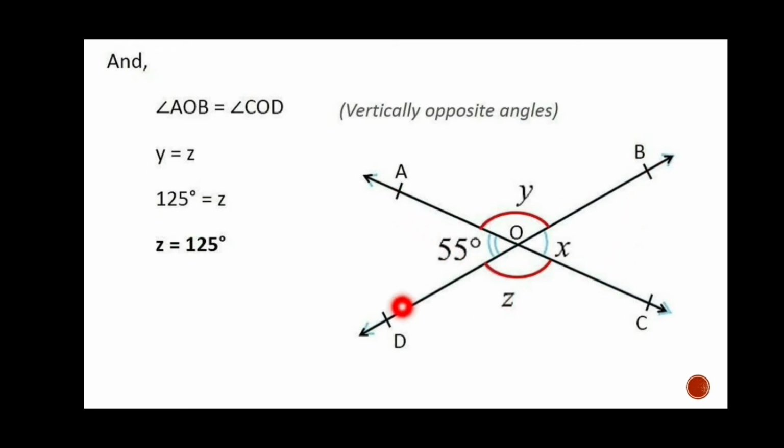Angle AOB, which is angle y, and angle COD, which is angle z, are equal. So if the value of y is 125, then the value of z will also be 125 degrees. So we have found all three angles: x equals 55, y equals 125 and angle z is also 125 degrees.